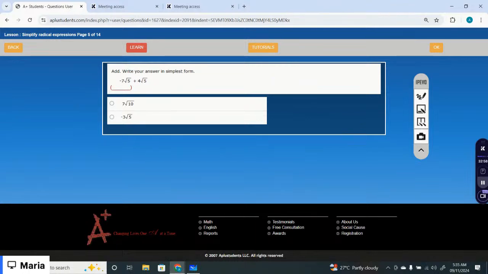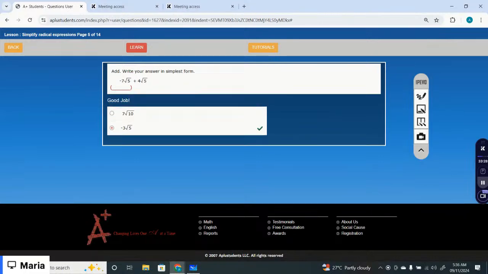Negative 7 square root 5 plus 4 square root 5. So which is the correct option? Negative 7 square root 5 plus 4 square root 5 is, yes, negative 3 square root 5. Option number 2 is the correct option.